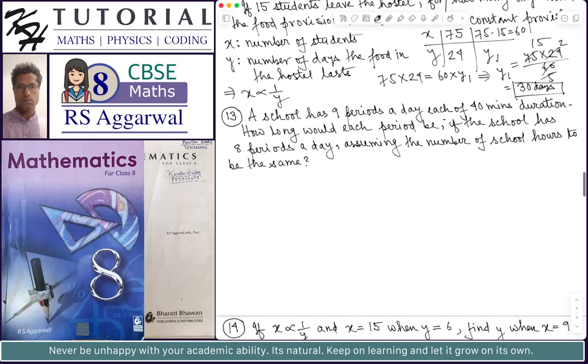A school has 9 periods a day, each of 40 minutes duration. How long would each period be if the school has 8 periods a day, assuming the number of school hours to be the same? So this is the constant part. The number of school hours is the constant.